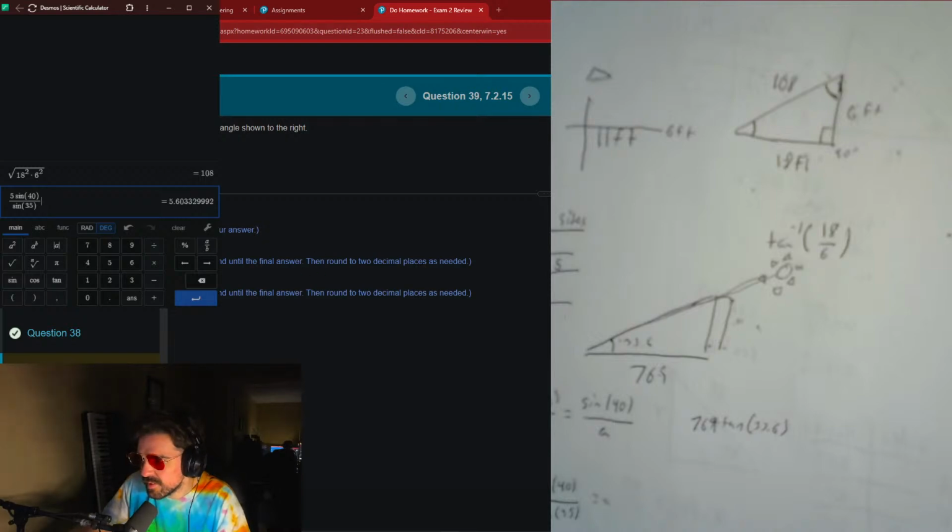Two decimal places, 5.6 should be the length of A.